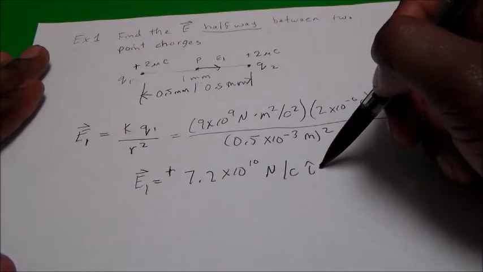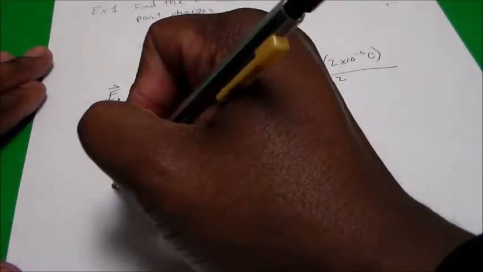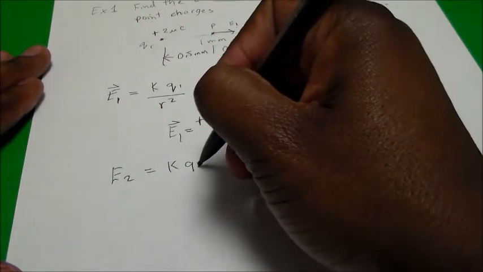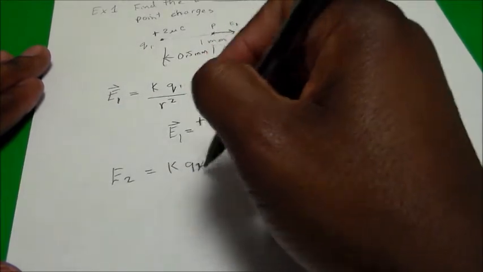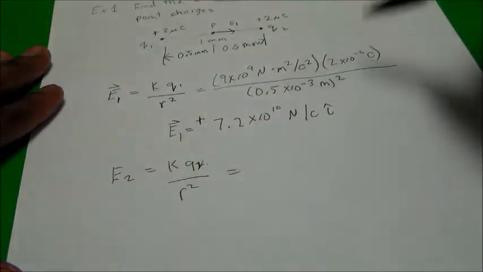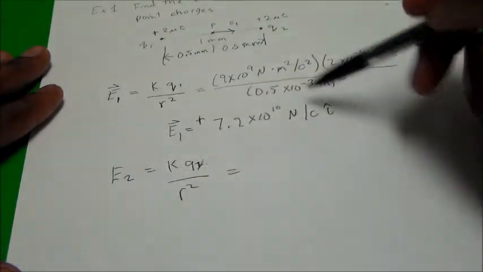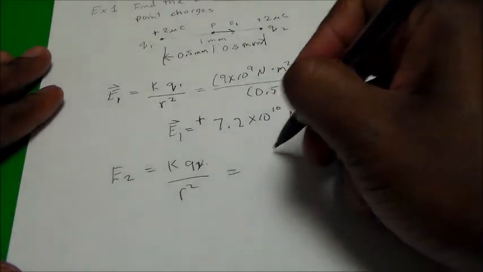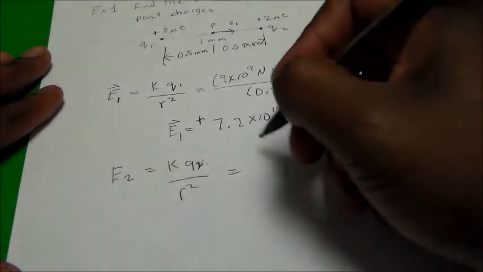Now for E2, we'll have K Q2 divided by R squared. When we're calculating for E2, we have the same values as above.